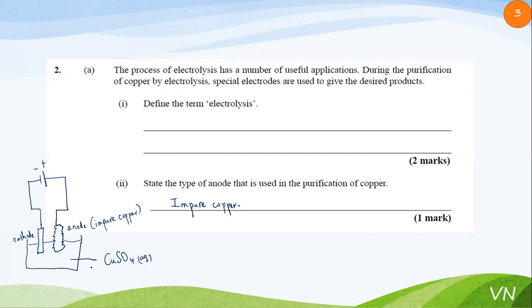So what do we expect to happen in this process here? We have copper 2+ ions here. We have hydrogen ions. We also have sulfate, and we have OH minus. So during this process, we expect that the copper 2+ ions are going to be going towards the cathode. All right, so the cathode is going to be coated. At the same time, the copper from the impure copper anode is going to dissolve into the solution, right?